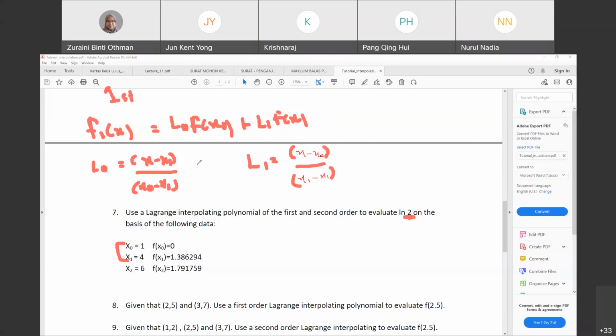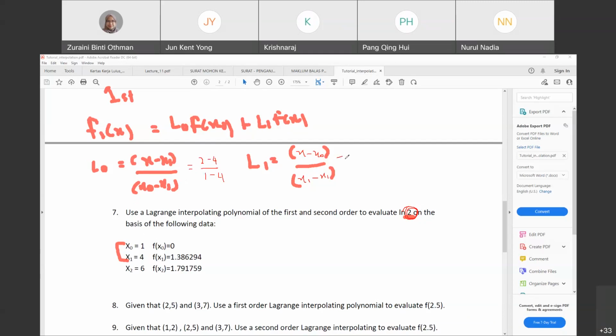Okay, now for this, nilai ni ialah kamu nak evaluate for 2, nilai 2. So boleh gantikan siap-siap, which is kat sini ialah X1 kamu ialah 4, iaitu 2, ini ialah 2 tolak 4 bahagi dengan X0 kamu apa? 1 tolak 4.